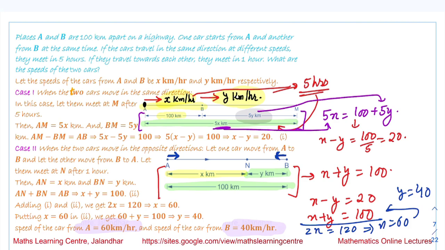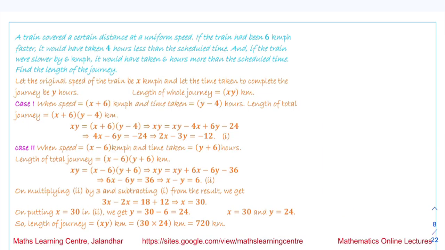Next is: a train covered a distance at a uniform speed. So let that uniform speed be x km per hour. If the train had been 6 km per hour faster, it would have taken 4 hours less.